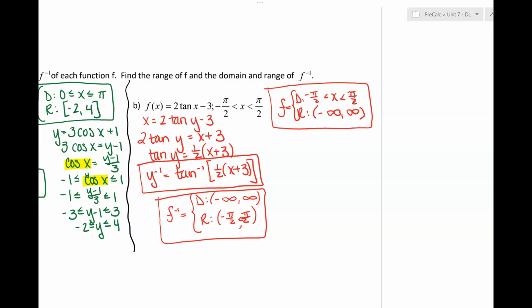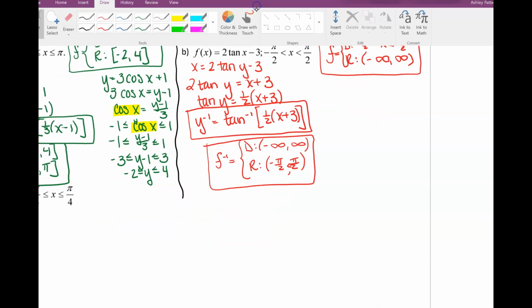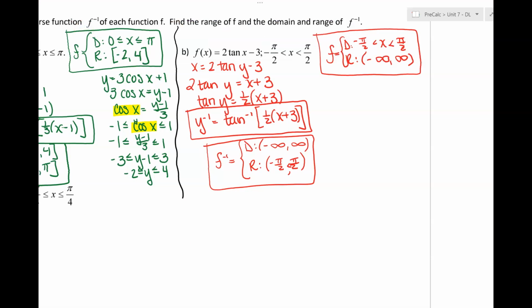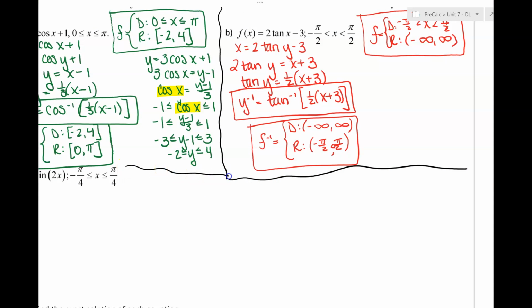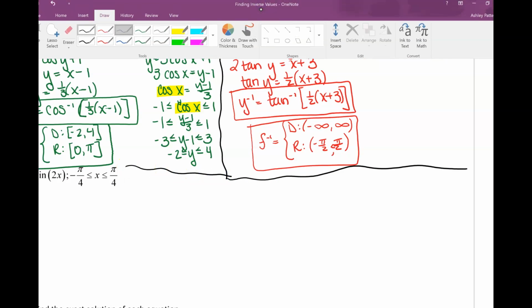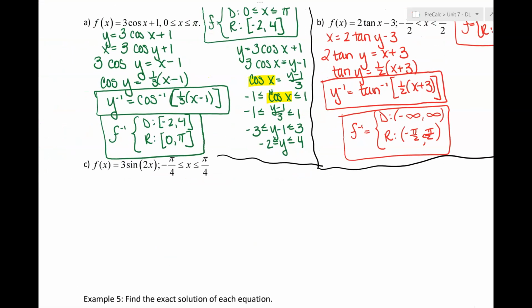Okay, so since we've seen cosine and tangent, I want to at least expose you guys to sine. So for our sine, we have 3 times the sine of 2x. I'm going to find the inverse, which means I'm going to switch the x and y and solve for y.